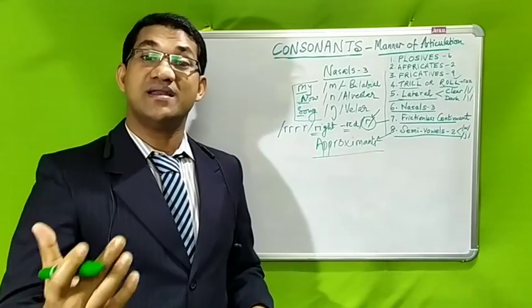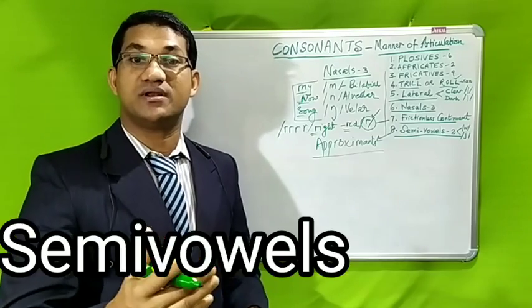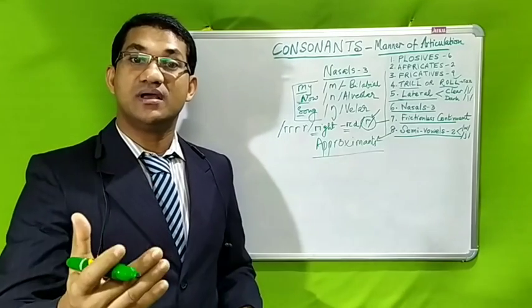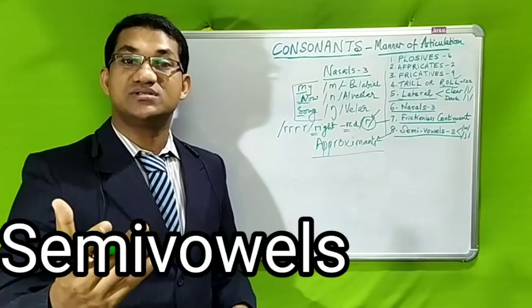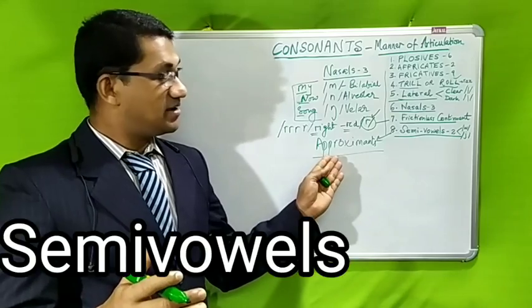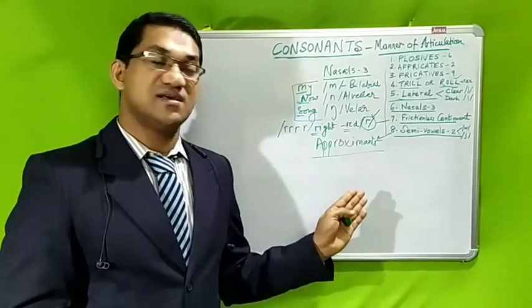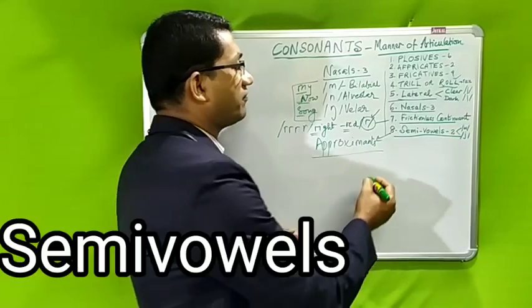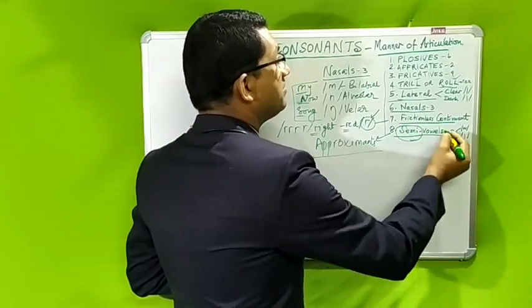And what is an approximant? We have to understand what is an approximant. An approximant is in fact a sound which is articulated with half the feature of a vowel sound and half the feature of a consonant sound, and because of that reason we call them semivowels.